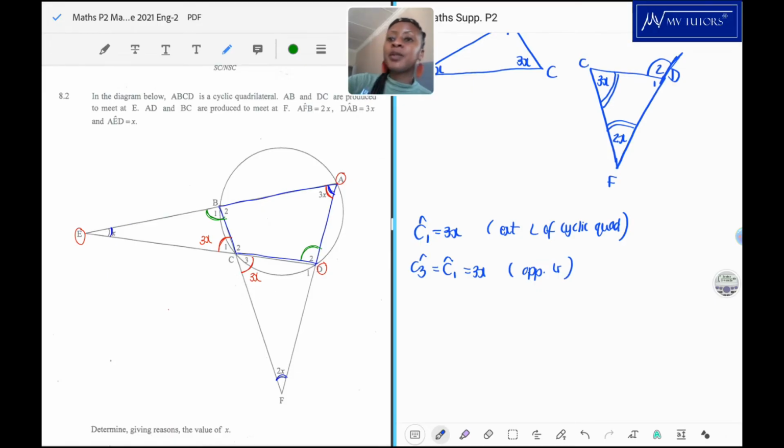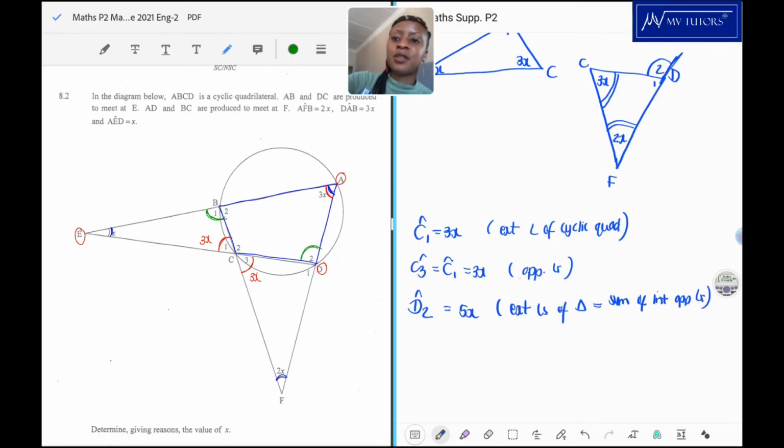We then concluded that D2 is equal to 5X because it is the sum. So exterior angle of triangle is equal to sum of interior opposite angles.